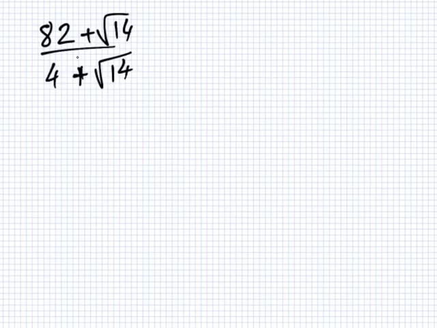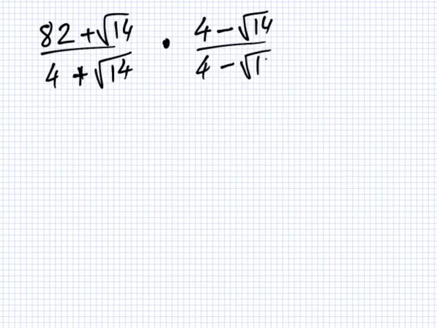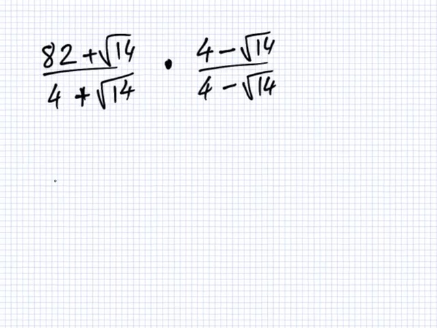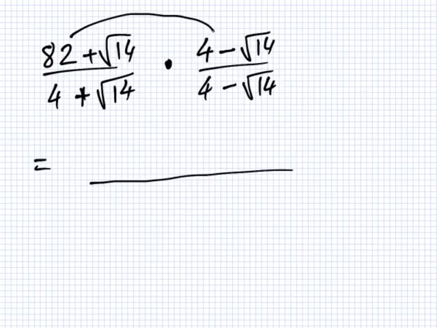He finished it. Yeah. Okay, let's have a look then. So, the conjugate here is 4 minus root 14, and here is 4 minus root 14. Can we simplify root 14? No. Right, so let's start multiplying. So on the top I have 82 times 4, which is 328, is it?